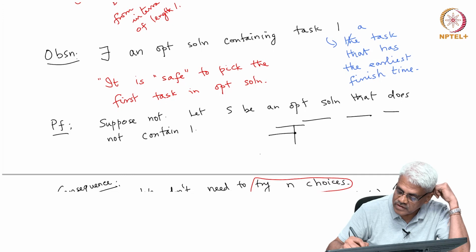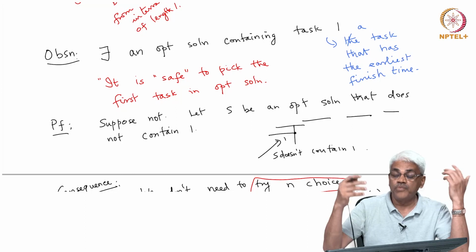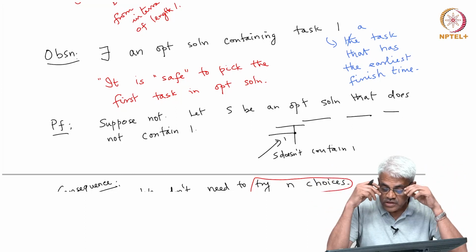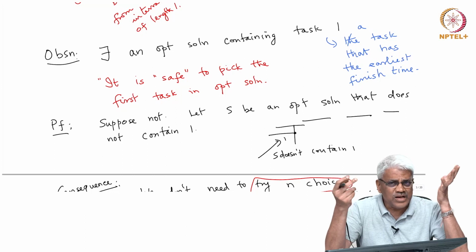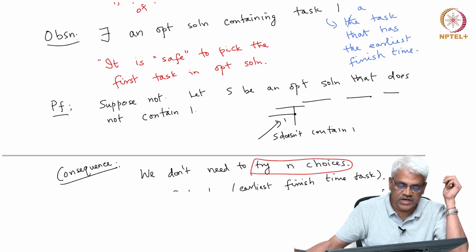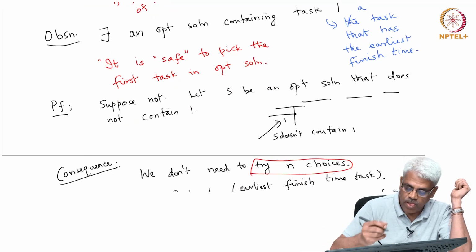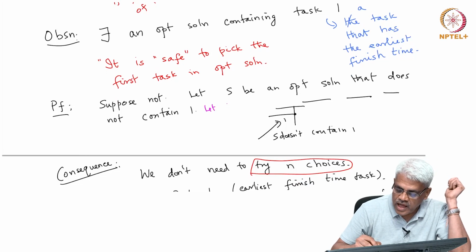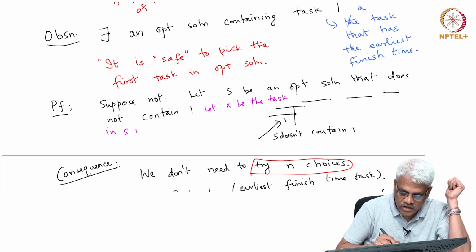My S does not contain this. An optimum solution. So, now what I am saying is, in the optimum solution, pick the one which is the earliest. Let X be the task in S with earliest finish time among jobs in S.